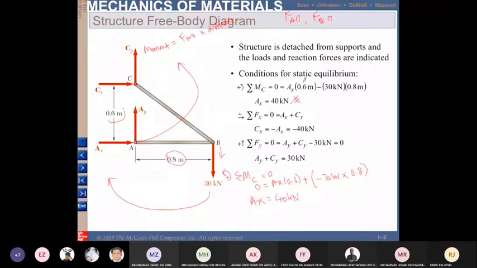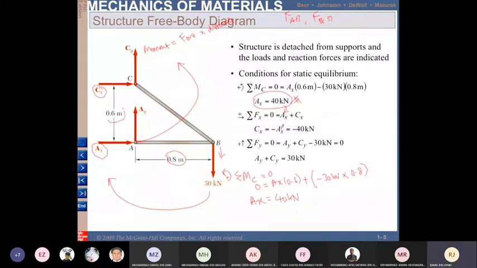Then you solve the summation of all forces in X direction equal to 0. The X direction has AX and CX. So AX plus CX equals 0, and you know that AX is equal to 40.